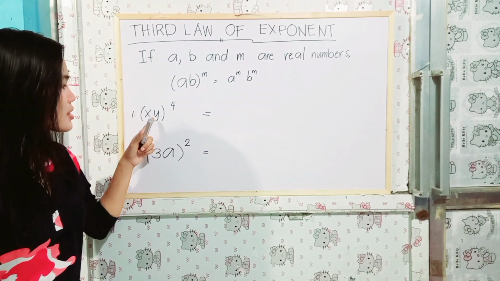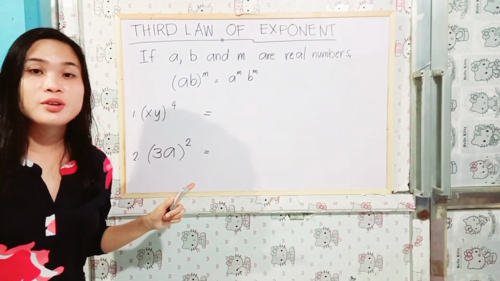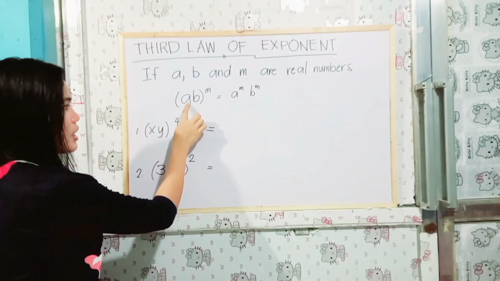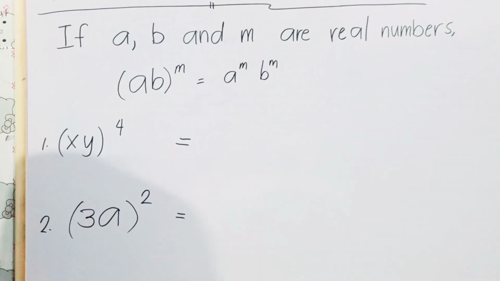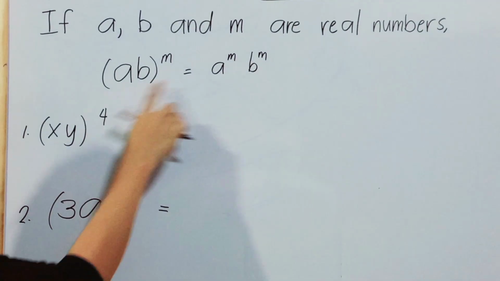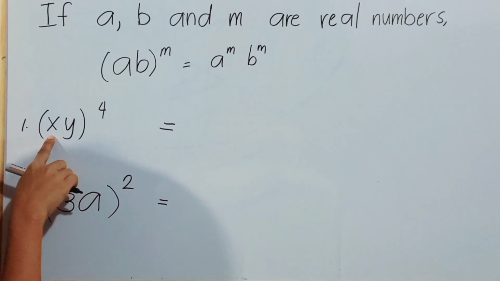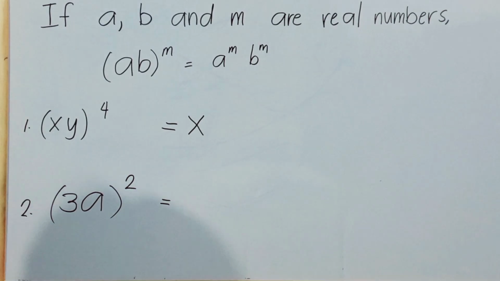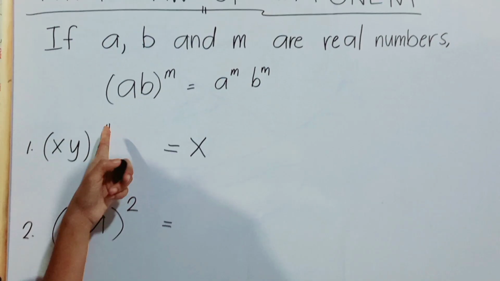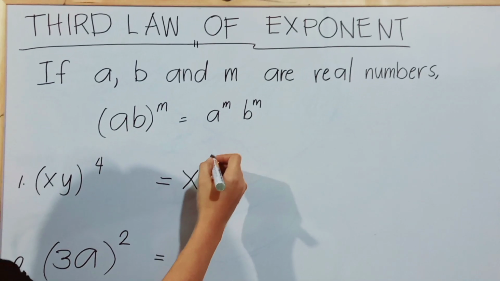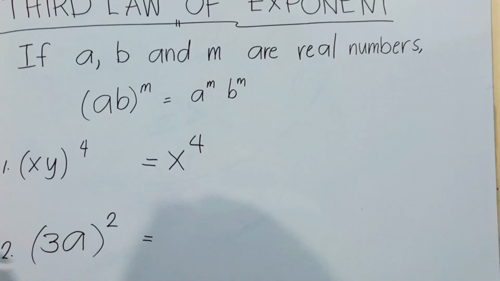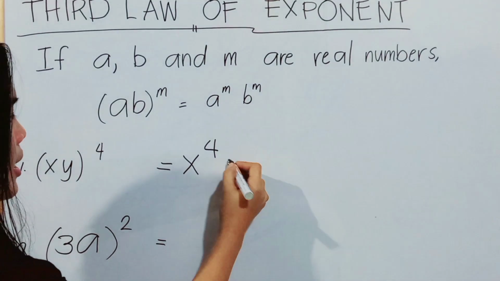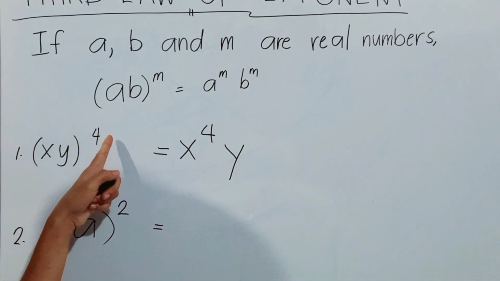So we have here the quantity x times y raised to the power of 4. In the rule, we copy the base, which is x, and then our exponent 4. Next, copy y, and then our exponent 4.